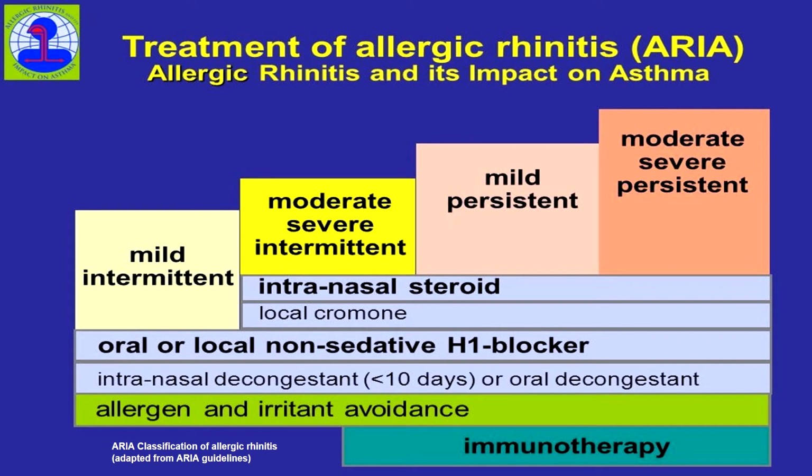If you see the step up, from here it is oral non-sedative H1 blocker or steroid or the decongestants. When you go up the steps, you know that you need the intranasal steroids all the way to moderate severe. And of course, avoidance is always ideal.